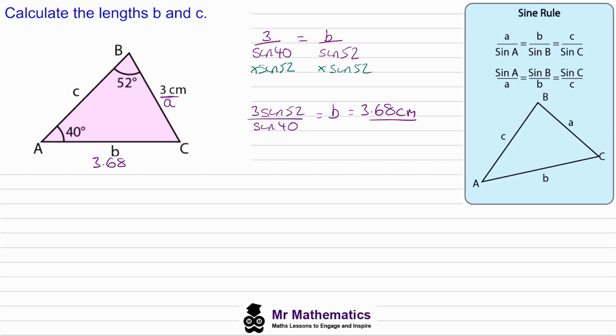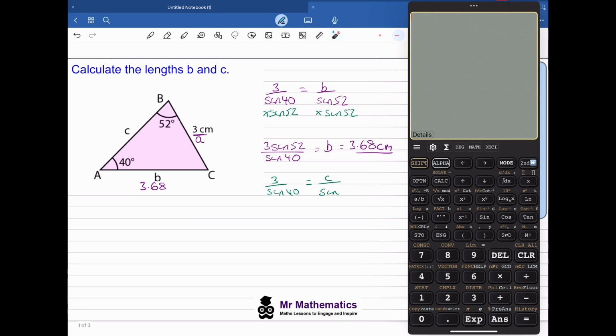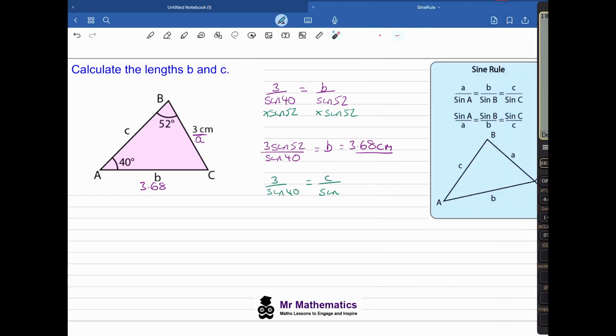So now we'll work out the length c. Again, we'll use the angle and length that we already have. So we'll say 3 over the sine of 40 now equals the length c over the sine of the angle. We don't know this angle, but we can work it out using angles in a triangle. So this will be 180 minus 52 minus 40, and that'll be 88 degrees.